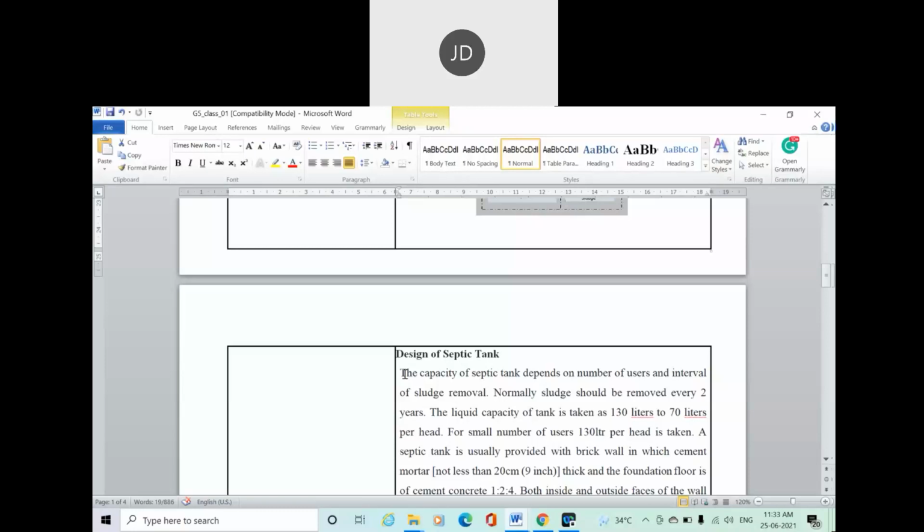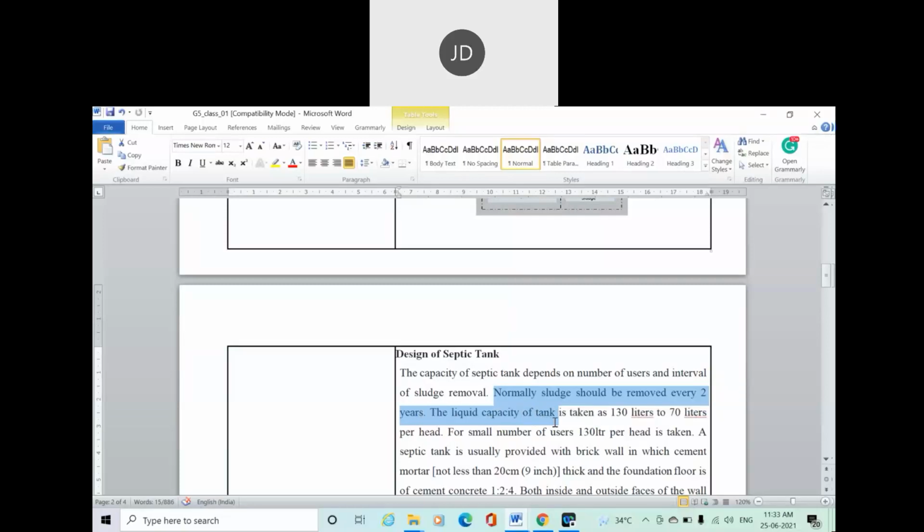Basically the interval is about 2 years, which means every 2 years we need to go for maintenance work and remove the sludge from the septic tank chamber. So the capacity depends on the number of users and the interval of sludge removal. Normally, sludge should be removed every 2 years.